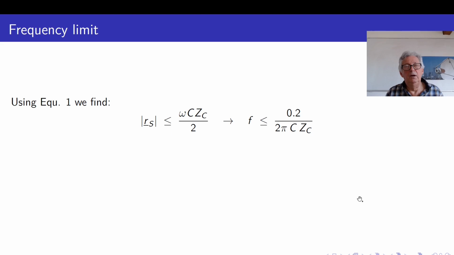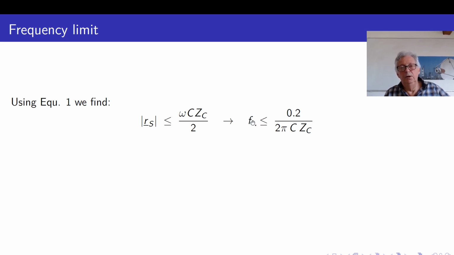So now we can go back to our equation. If I just calculate the absolute value, then you see that j will disappear, and I can form an equation for the frequency.